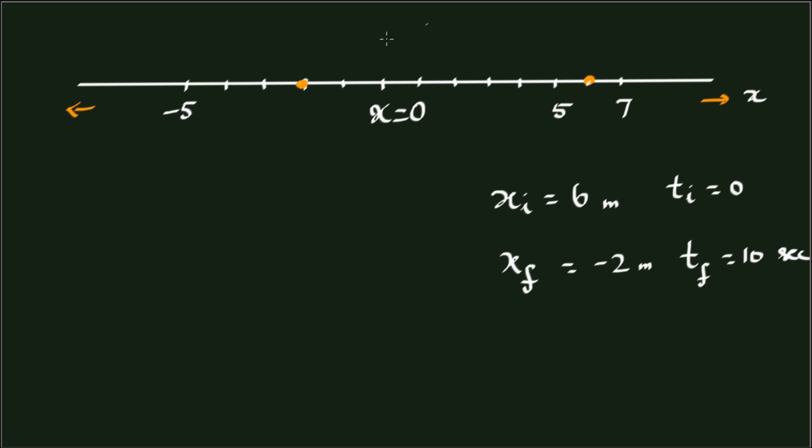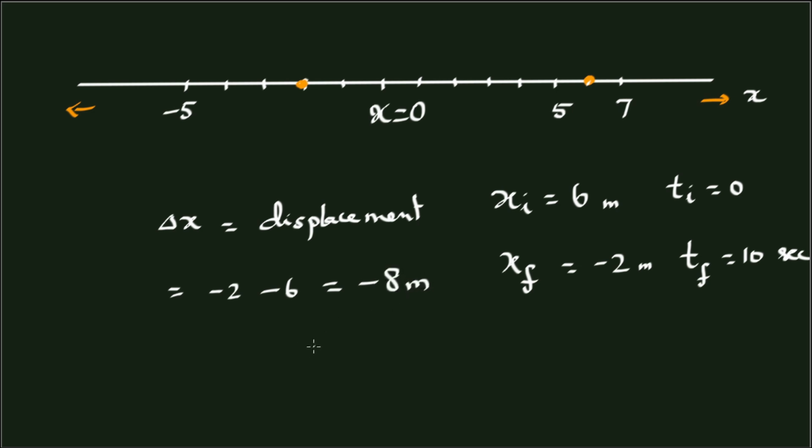Now the change in the position is delta x. That is called the displacement of the particle. And displacement or change is always final minus initial, so it's equal to -8 meters. The minus tells me that the final position is a number that's less than the initial position, which means in this coordinate system, the final position is to the left of the starting position.